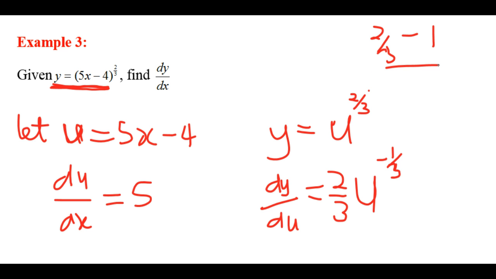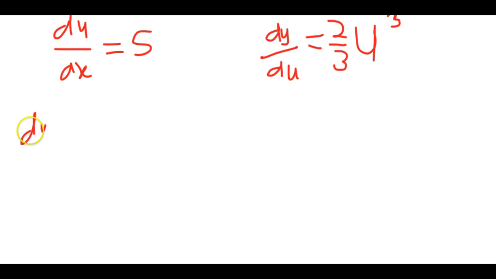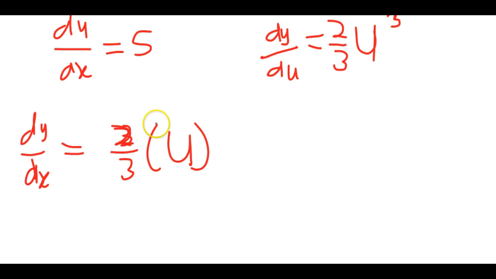Okay. So we rewrite the whole thing again. Finally, dy/dx, which is the main work we want to find, is equal to dy/du, that is 2 on 3 times u to the power negative 1 on 3, times du/dx, which is 5.